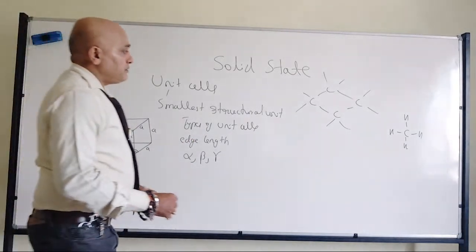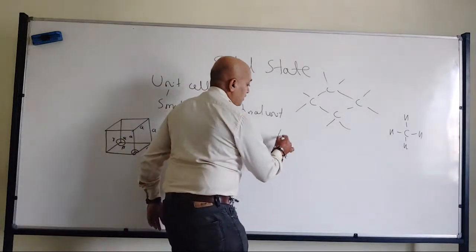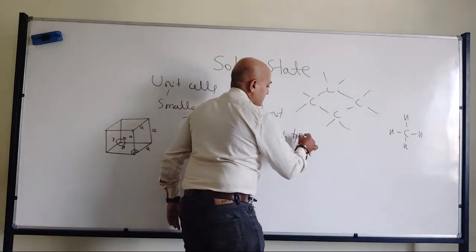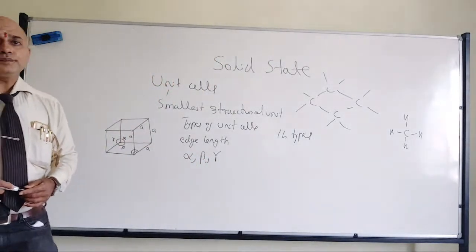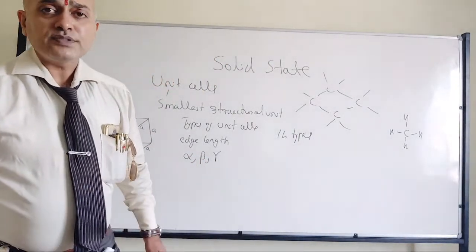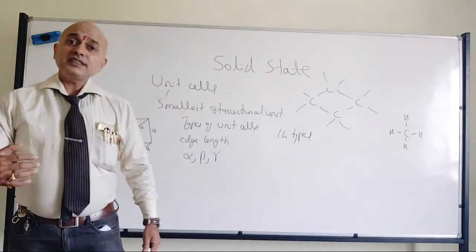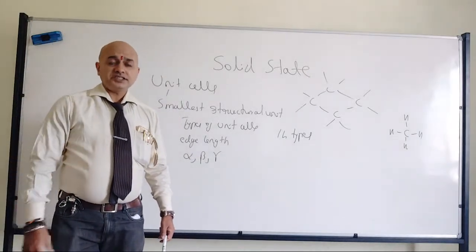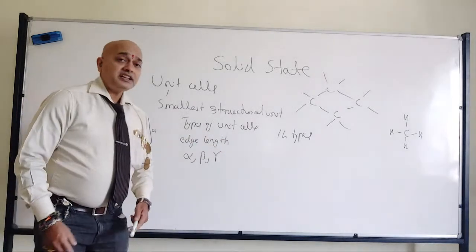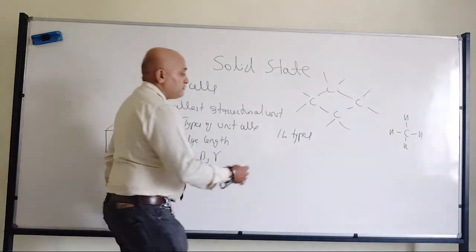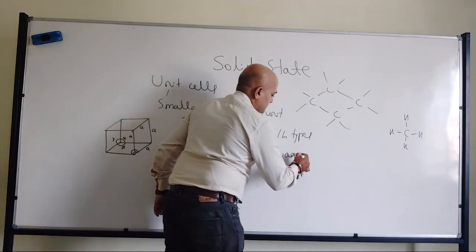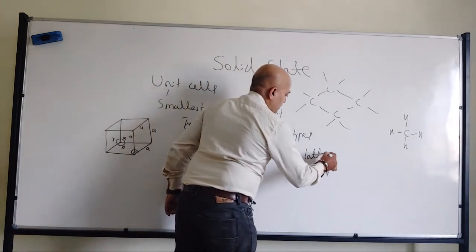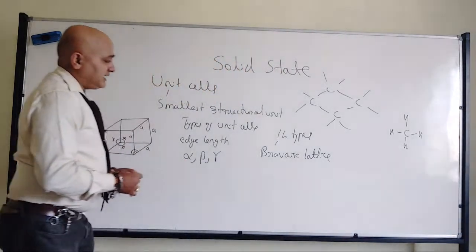Based on this we have a total of 14 types of unit cells, and based on that we can have different shapes of the crystal structure. These 14 types of unit cells lead to the formation of the Bravais lattice, named after the person who gave this idea.